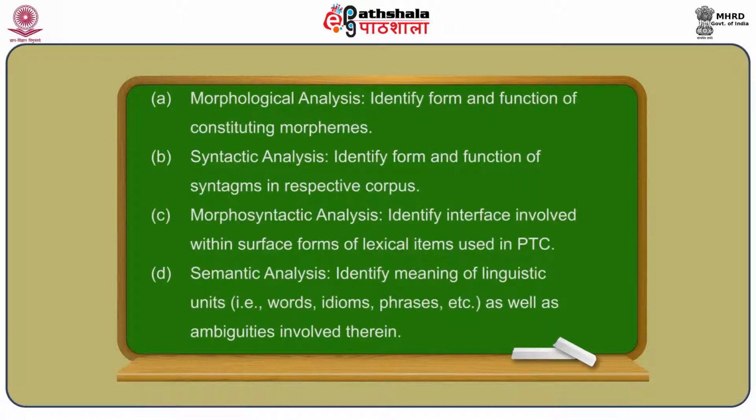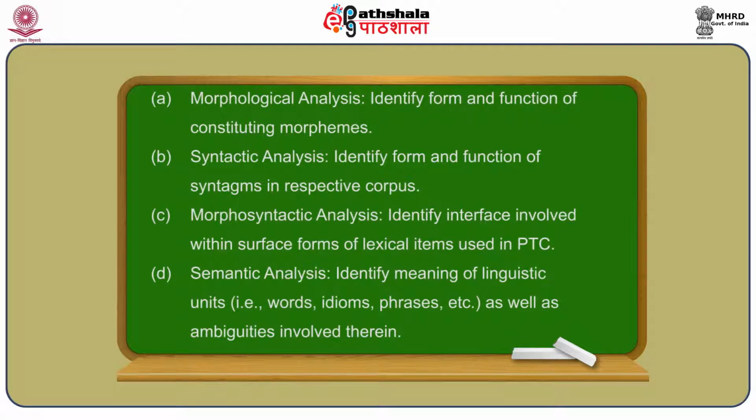In general, it involves four major tasks. Number one is morphological analysis. Here we try to identify the form and functions of the constituting morphemes. Number two is the syntactic analysis, where we try to identify the form and functions of syntagms in respective corpora.